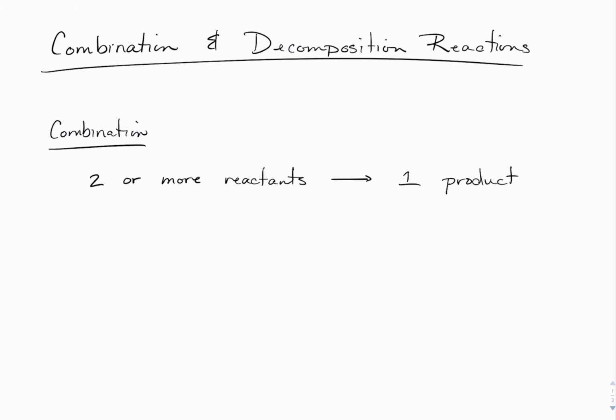So a general example of what I mean by that is if you had reactant A plus reactant B, they would react together and produce product C. The hallmark here is that there's only one product produced at the end of this reaction.